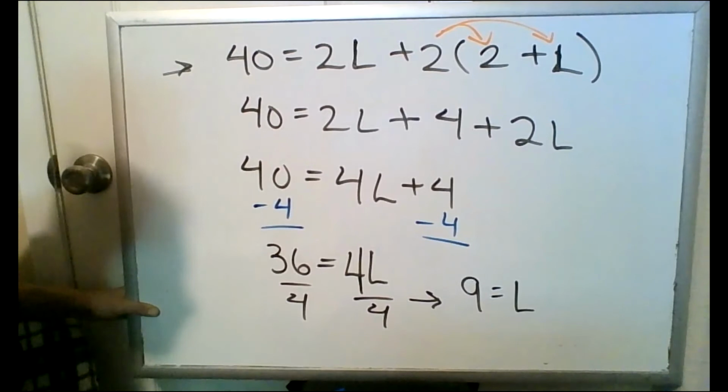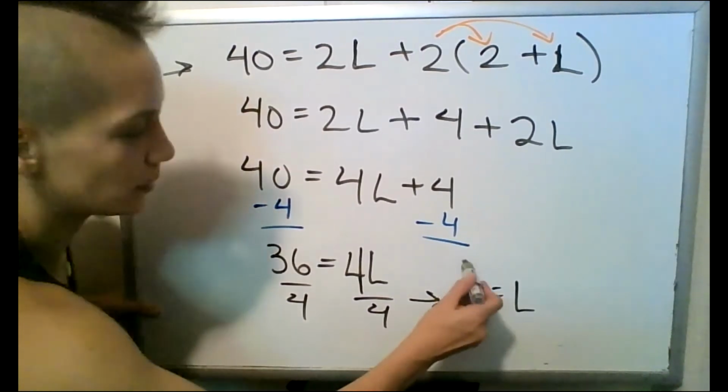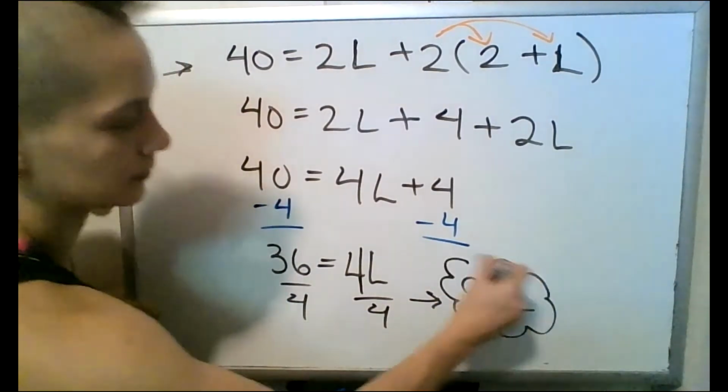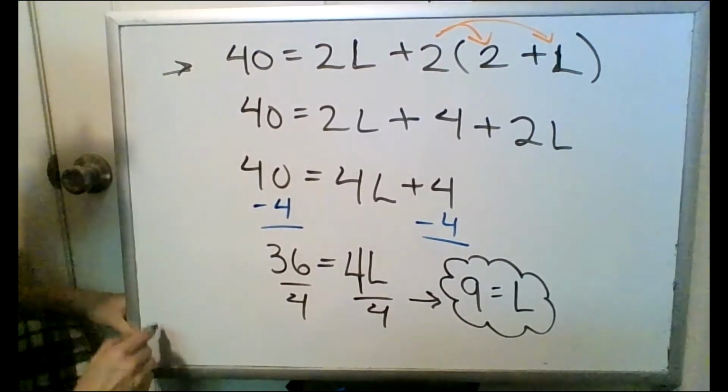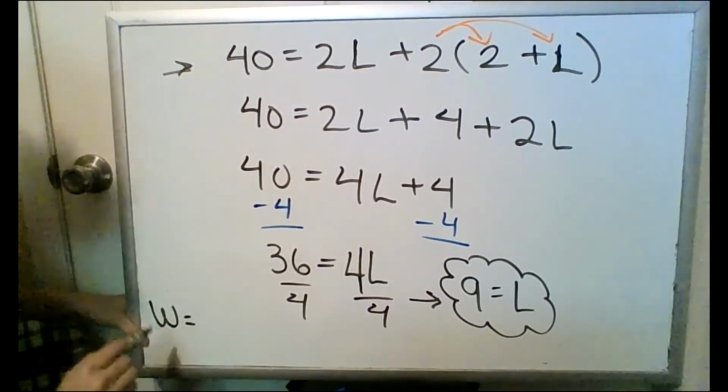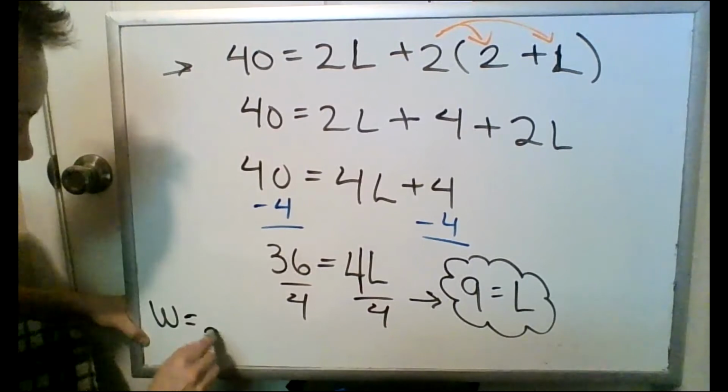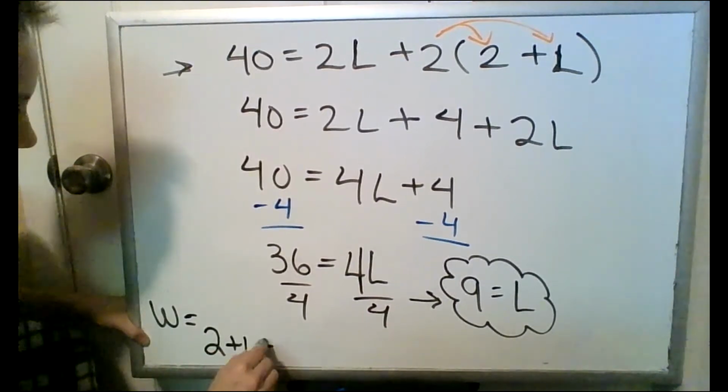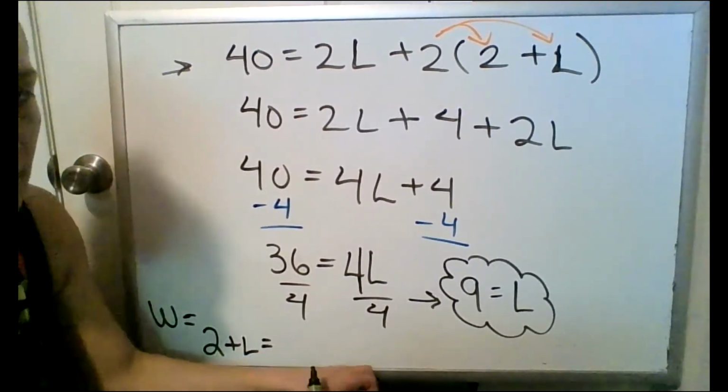That was part of the question. The other part is to also find the width. Which was 2 plus L. And 2 plus 9 is 11.